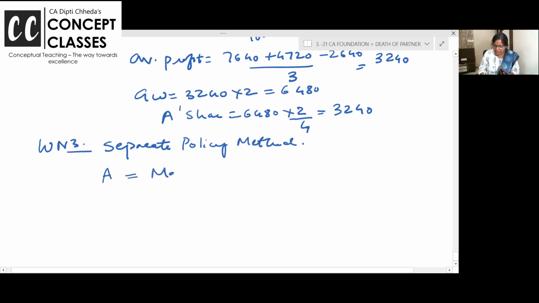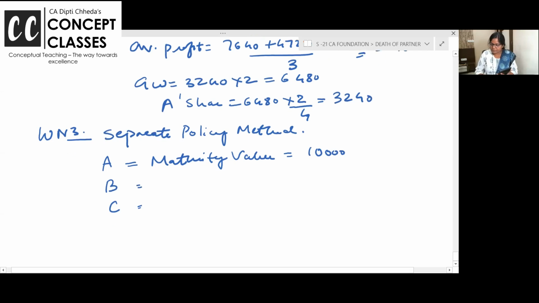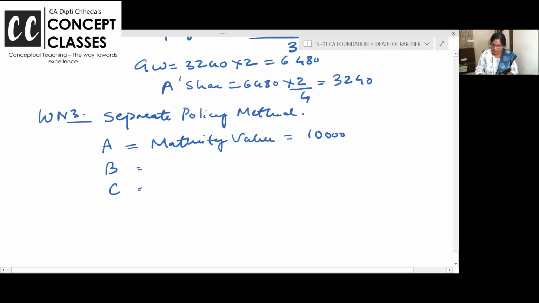For A, maturity value. What is the maturity value for A? 10,000. For B and C, surrender value, that is 20%. 2,000, 2,000.